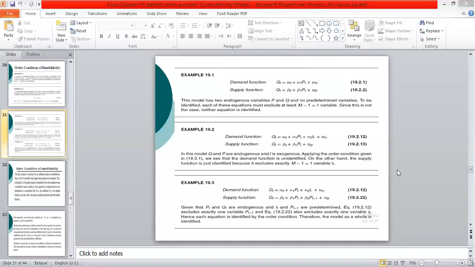We were discussing model 3, and from the analysis of the identification problems, we can see that these two equations are exactly identified because, according to the given formula, the demand function excludes at least m minus 1 variables.